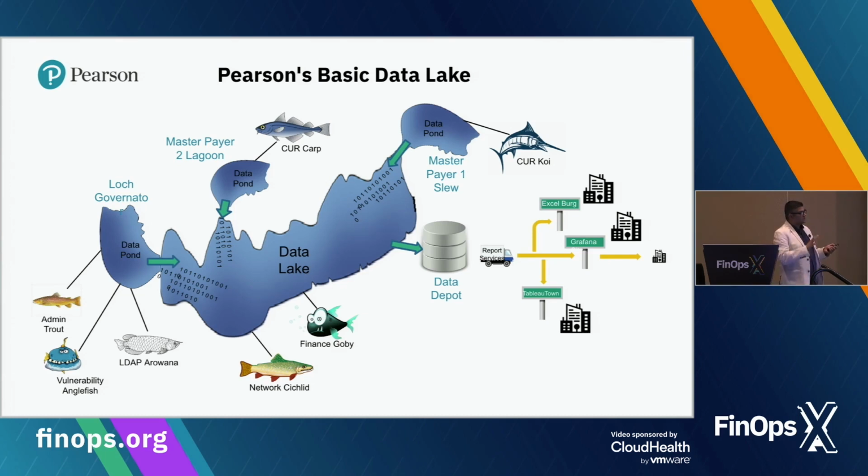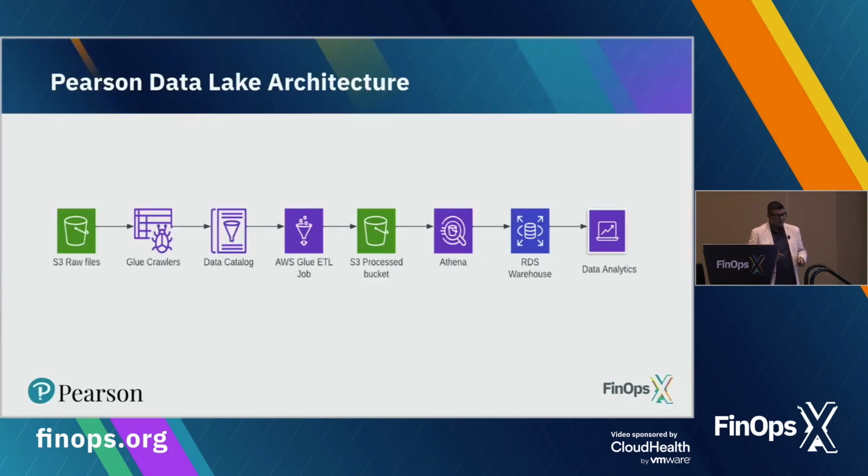When it's nice looking, we put it on the data depot, and then it can be used by any graphical tool you want, like Excel, Grafana, Tableau, Power BI. You could take that data anywhere and use it. I just put this together as an easy, understandable architecture of what we do.